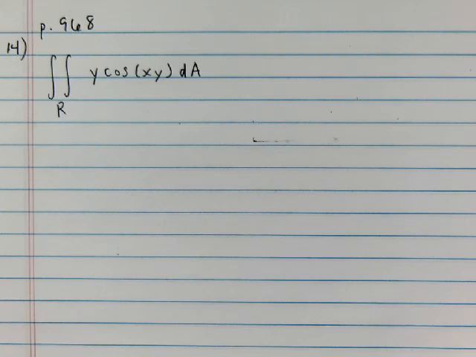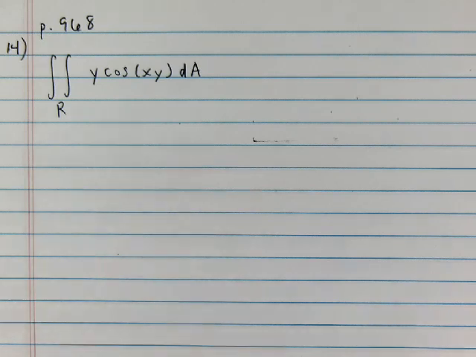And they give us our transformation: x equals 2v over the quantity u plus v, and y equals u plus v.